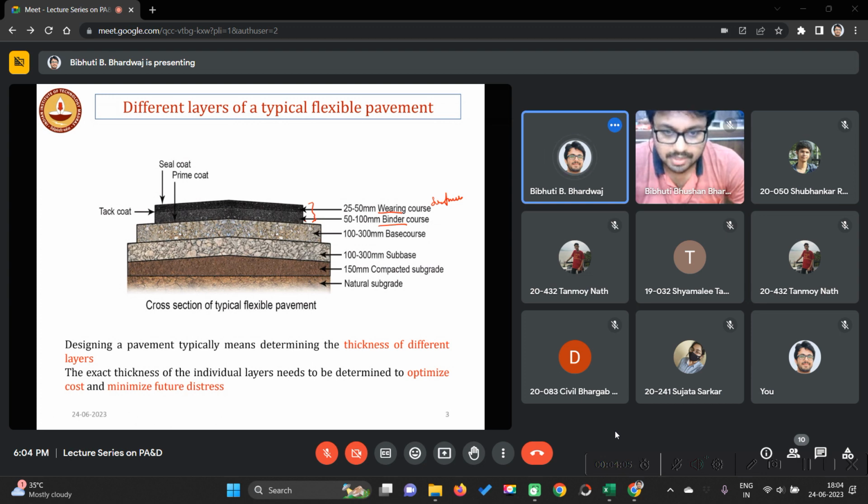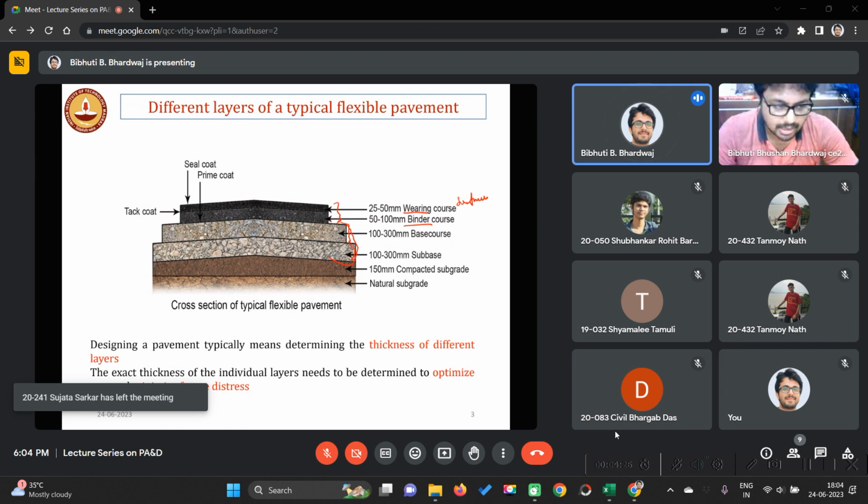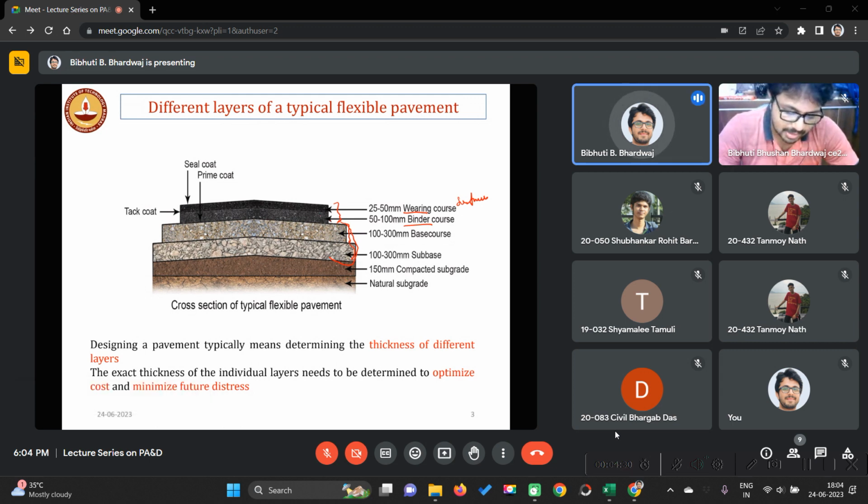That means they have bitumen as the binder, the binding material. Then you have the base course and sub base course, both made of granular materials. Sub base has inferior materials, meaning the aggregate size is higher compared to the base course. Similarly, in the binder course also, the aggregate size will be higher and the bitumen content will be less.